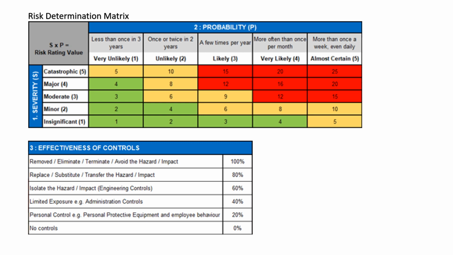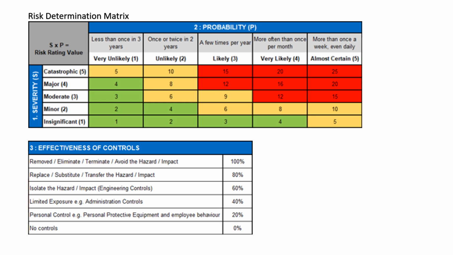We will use the effectiveness of controls as seen below, ranging from 0 controls or 0% to personal protective equipment only being 20% of a control. Administrative controls, such as ensuring that you have documentation, training, and other types of administration in place, are only a 40% control. Coming up to where it starts making it a little bit safer is you're isolating the hazard.